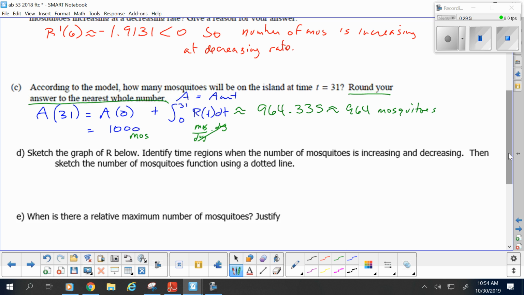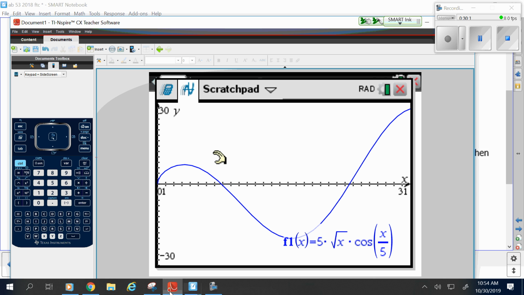Very good. Okay. All right, let's talk about sketching the graph of R. What did we say was going to happen in this graph from 0 till time roughly 7.8-ish, 8-ish?